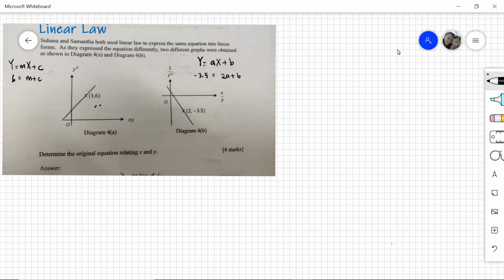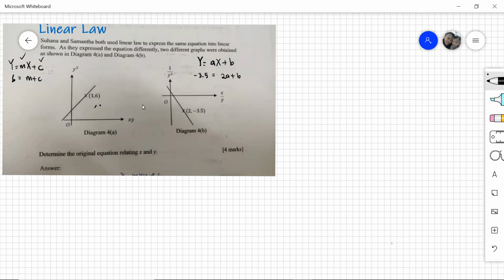In this video clip, I am going to choose to solve for m and c, because once we have m and c, we put them back into the linear law, and from there we can rearrange to get back our original equation. So I have to form another equation that involves m and c, but I do not have the second point. So what can I do?